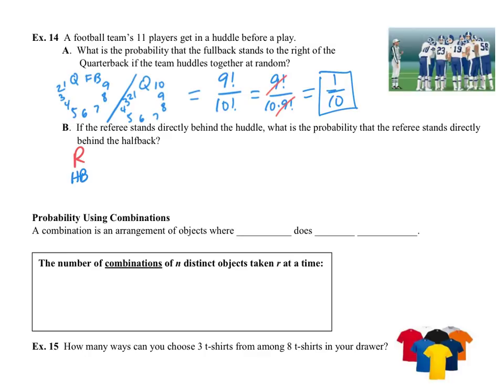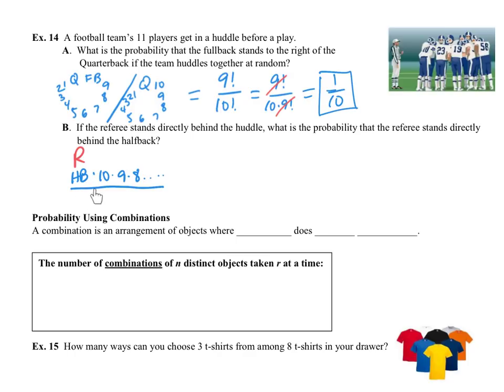Okay, now once the halfback is in position, that means that there are 10 guys for the next position, and then 9 for the next, and 8, and so on. So that's all the ways that we can line up with the referee standing next to the halfback.